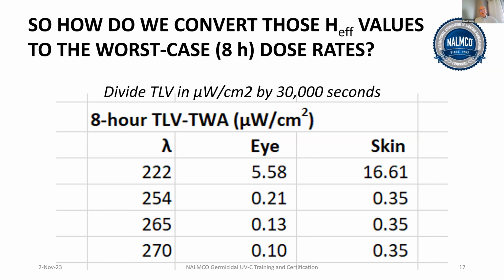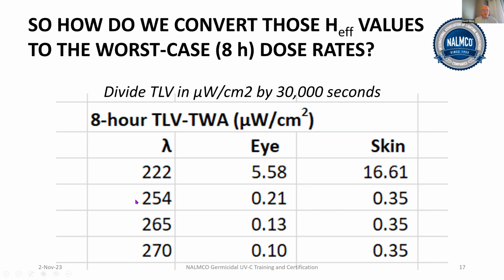The 8-hour TLV then is, in terms of the worst case irradiance for 222, 5.58 microwatts per square centimeter for the eye and 16 for the skin.